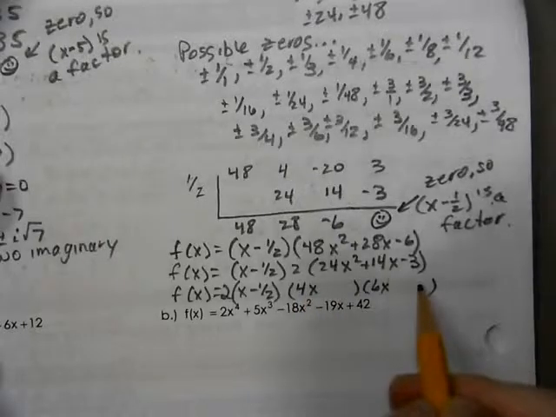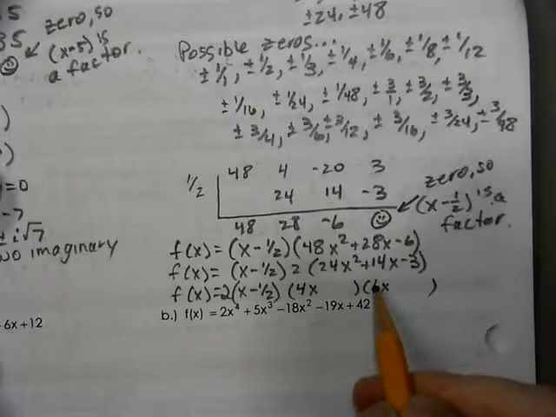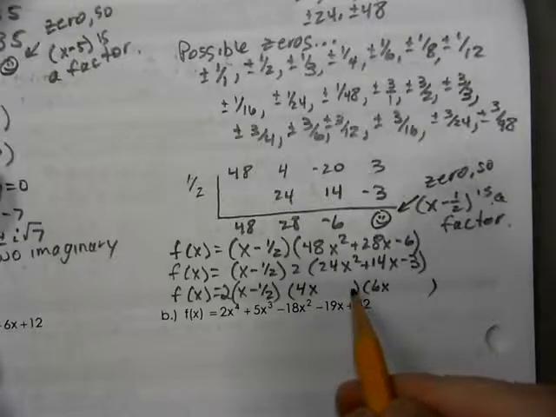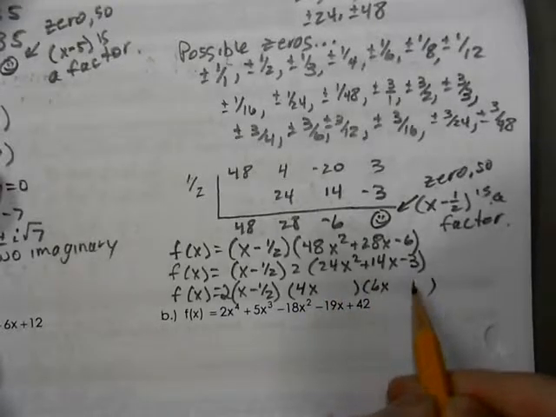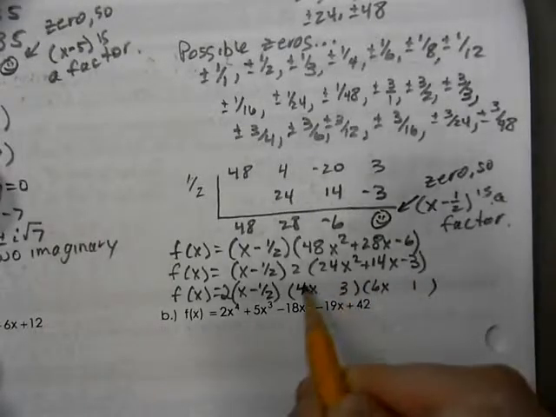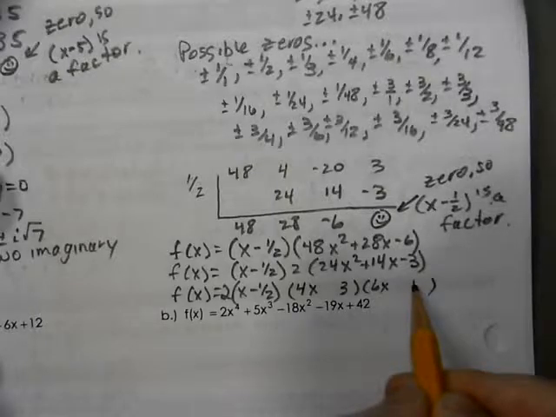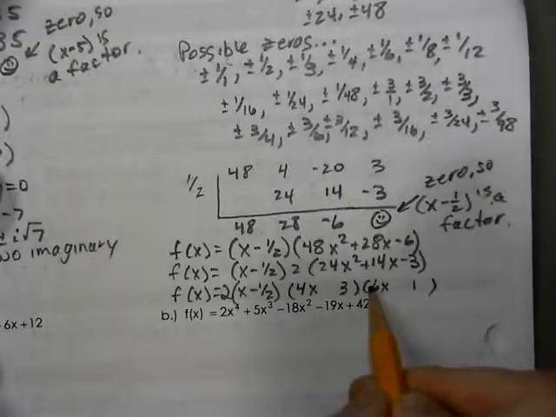4 times 3 gives me 12, and 1 and 6 would give me either 18 or negative 6. So let's try 1 and 3. That would give me 4. This is 18.